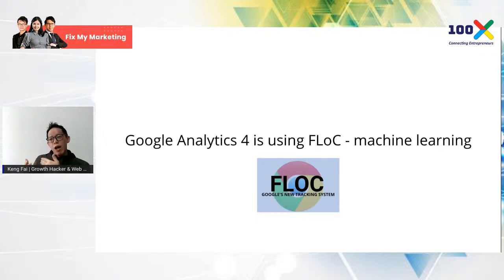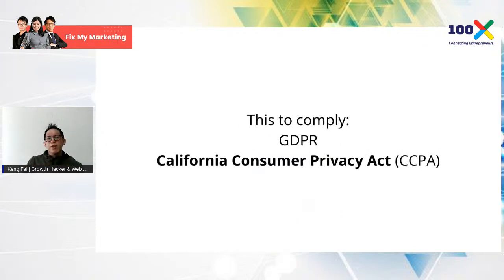So they use machine learning to identify you as a user from browser A and browser B, which might be the same person. That is how the AI works. All these things are just to comply with GDPR and also CCPA, the California Consumer Privacy Act in the States. Everything is to comply because it's about first-party cookies.